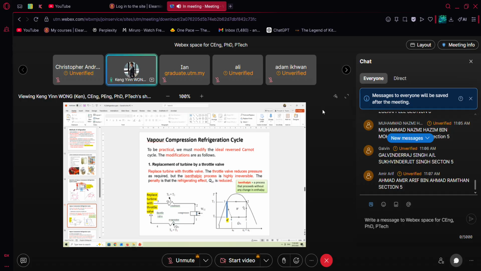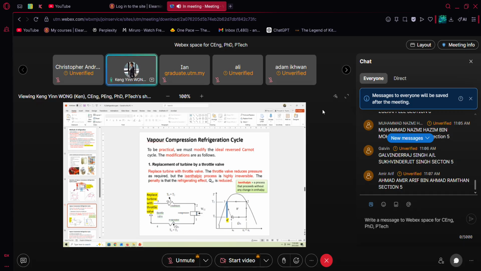I repeat again, if you use a turbine, then it will directly move down, which means the 4 prime to 1 is big enough and the cooling effect is good. But in the refrigeration system, you're not going to use a turbine. You replace it with a throttle valve.